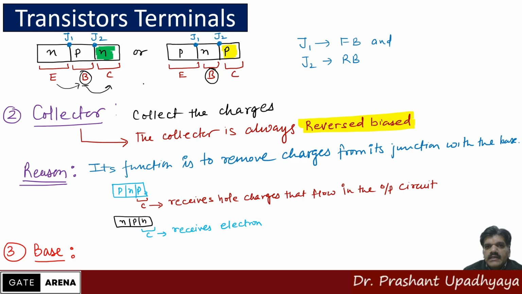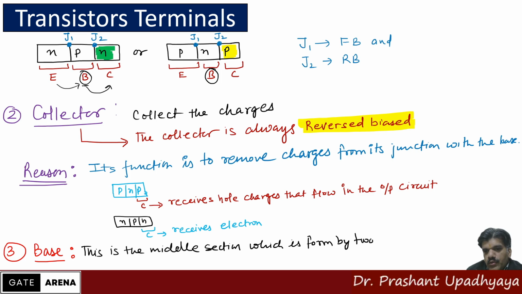This is the middle section, which is formed by two PN junctions between emitter and collector. And this base is responsible for making the base-emitter junction J1 forward biased and the base-collector junction reverse biased.